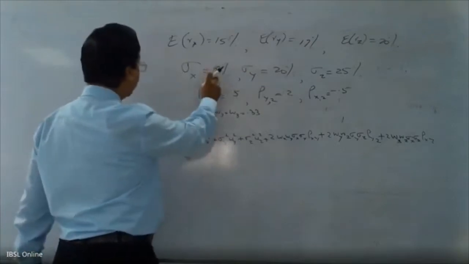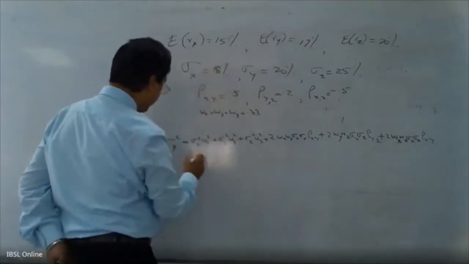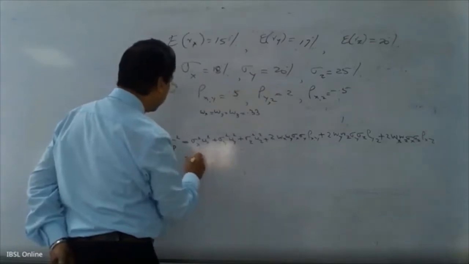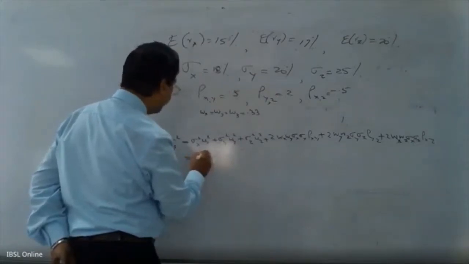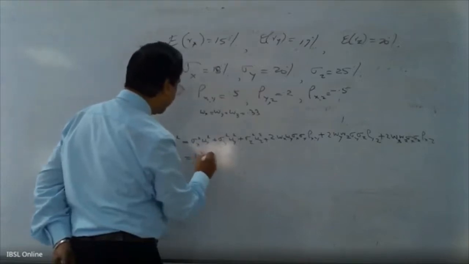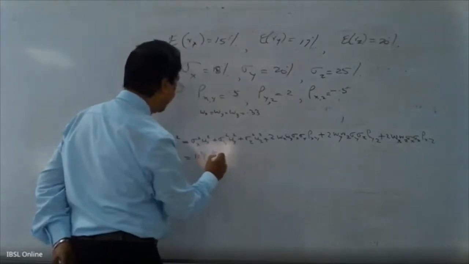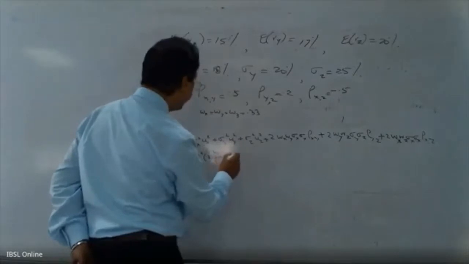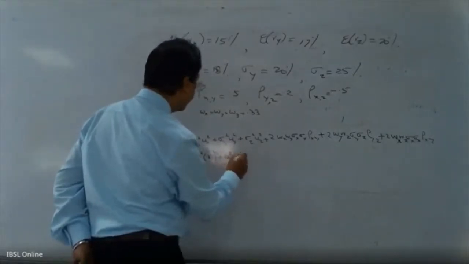Sigma x is given as 18%, so we can say 18 squared, and here you can say 0.33 squared, 20 squared, 0.33 squared.